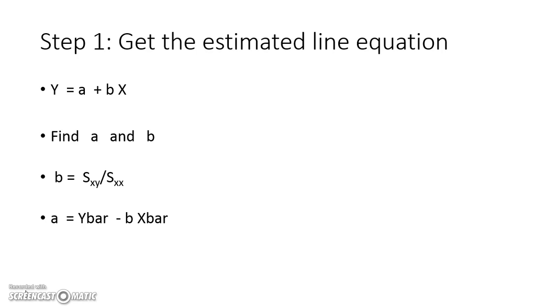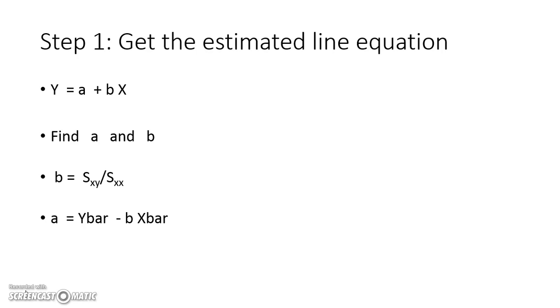Now, when we say a regression line or the line equation, what we are suggesting is that the overall average of the differences of the observed values from the line is equal to 0. So what it means is that the combination of x bar and y bar should be on the regression line.